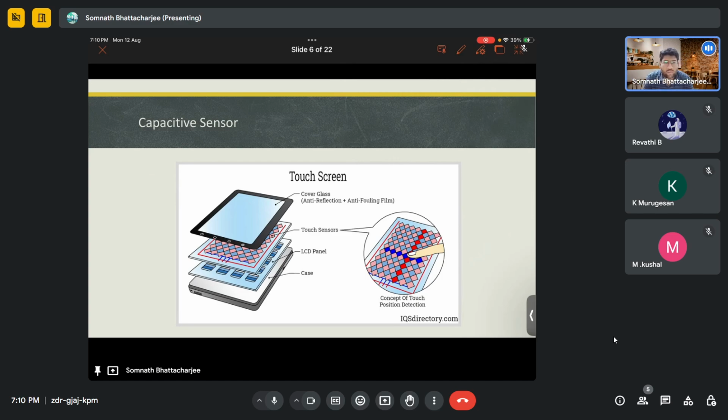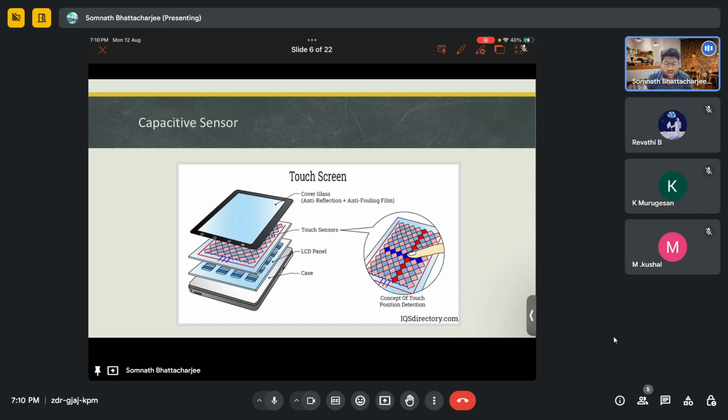But right now everything works on the capacitive phenomena. Why? Because it's faster. Although it costs a bit higher than the resistive ones, it works much smoother. For advancement of electronics, we need a capacitive touch screen which will work faster than the resistive ones.